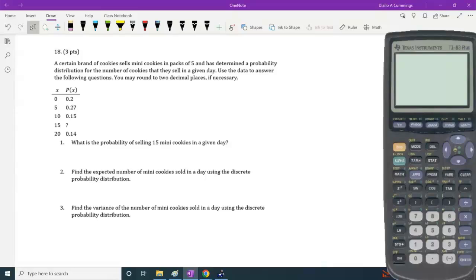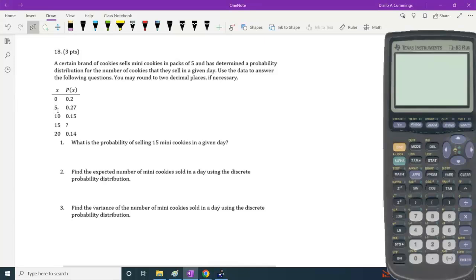You may round to 2 decimal places. Looking at this probability distribution, for this first row, the random variable is 0, which means they sell 0 packs of cookies. The probability of them selling no cookies is 20%.